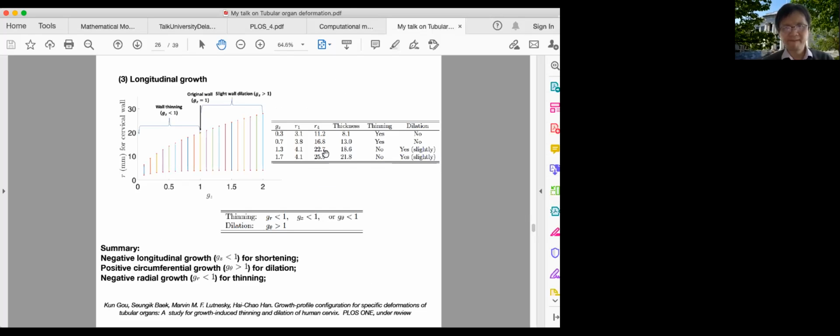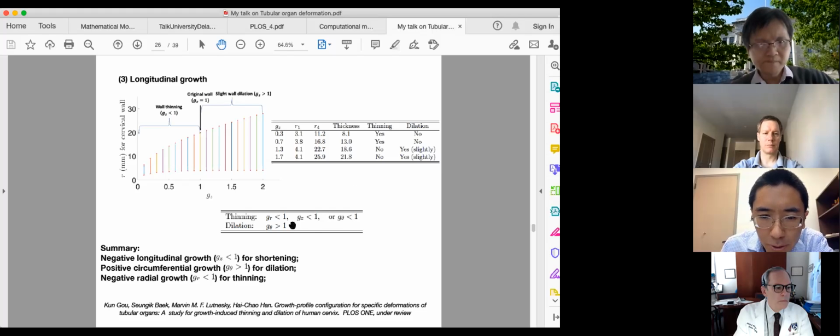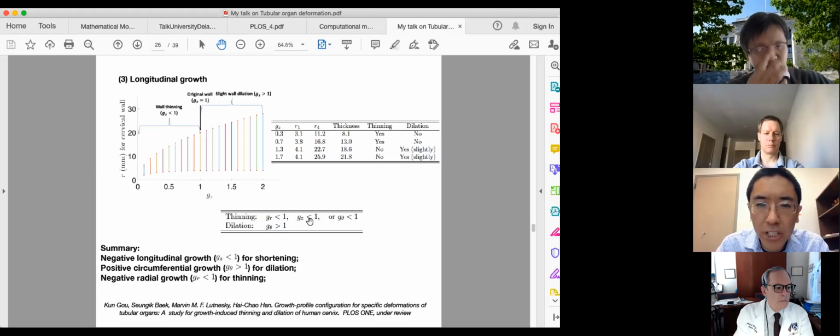So what's the combination for both thinning and dilation? For thinning, we can have GR less than 1, GZ less than 1, and G theta less than 1. For dilation, we must have G theta bigger than 1, because for dilation, only G theta can do this. So we use the circumferential growth for the dilation, and then we cannot use G theta less than 1 for thinning. For GZ less than 1, we can use this as the cervix shortening, meaning the length of the cervix can be shortened.